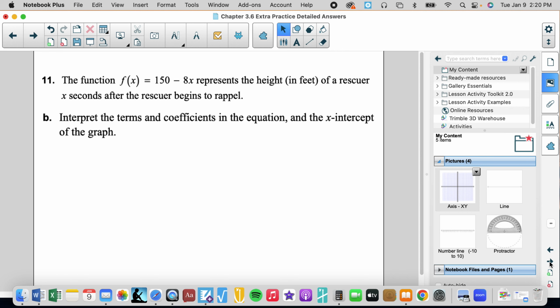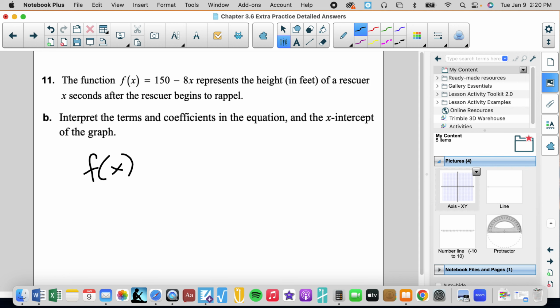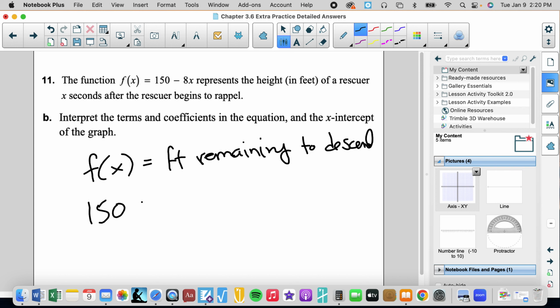Interpret the terms and the coefficients. So I think we already did. F of x equals the feet remaining to descend. 150 is the starting height.